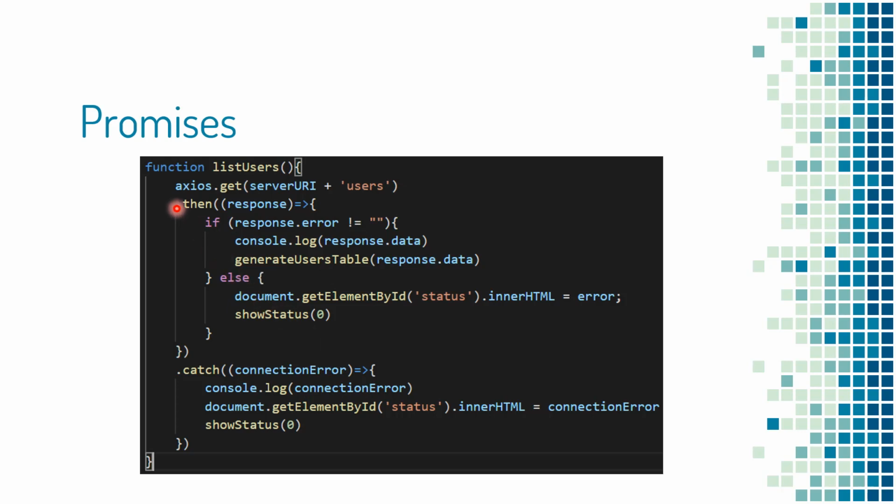So when we receive a response, we are going to deal with the response here. In this response area, for any response, as long as we don't have any error, you will perform this action. But what if we have some error? Then we will do the catch.